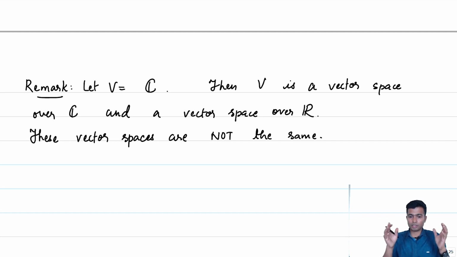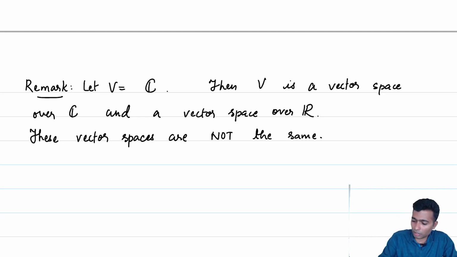It is the collection of these three objects, the set and the two operations, which makes it into a vector space. So the operations change when you consider it as a vector space over R and when you consider it as a vector space over C.